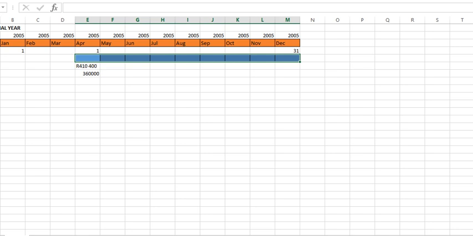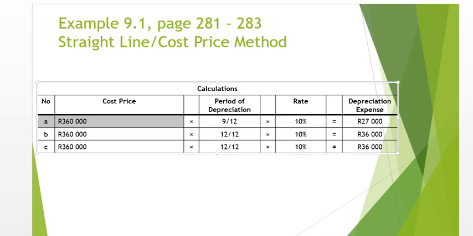So we're going to depreciate this asset for 9 out of 12 months, so for the period in which we held it in the current financial year. Okay, so we're going to say 360,000 Rand for the 2005 year, multiply by 9 out of 12 months, so multiply by 9, divide by 12, and then multiply by 10%.